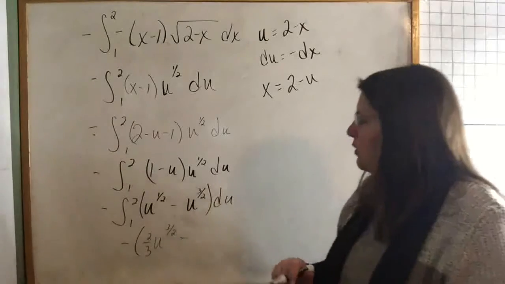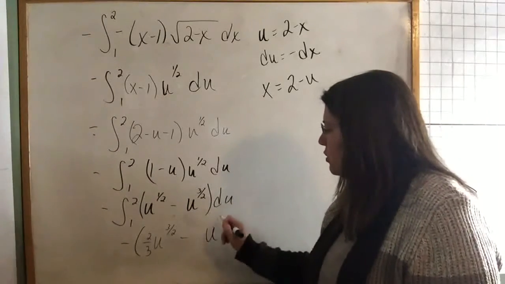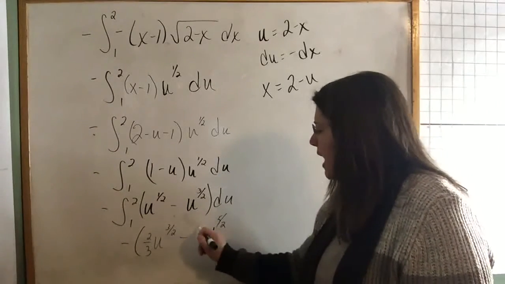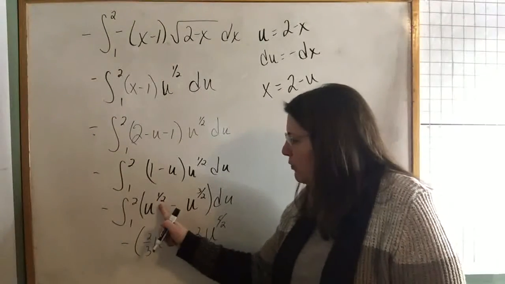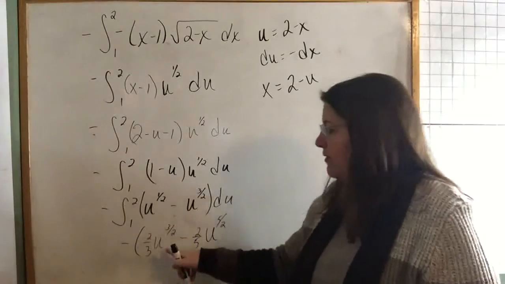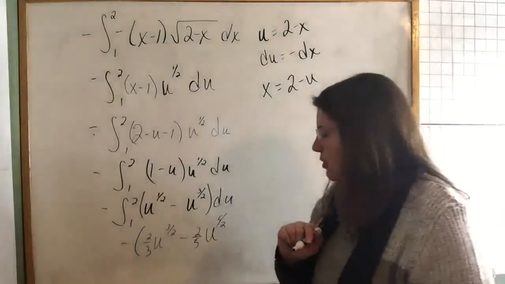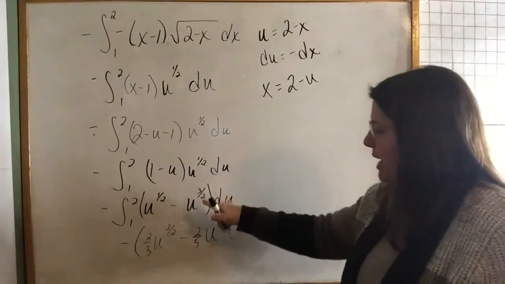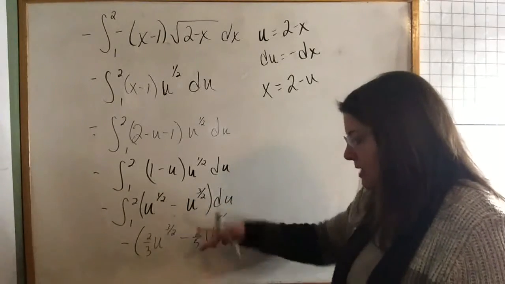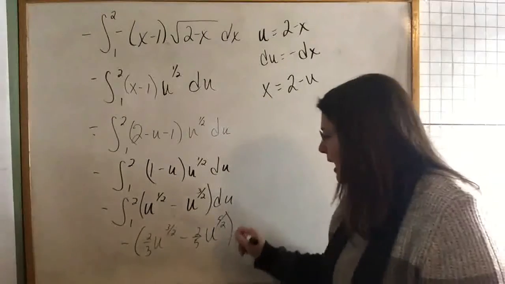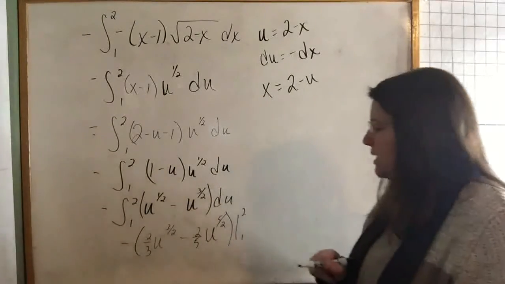Minus the integration of u to the 3/2, which would be u to the 5/2 times 2/5. Because remember, 1/2 plus 1 is 3/2, divided by 3/2 means we invert and multiply by 2/3. u to the 3/2, 3/2 plus 1 is 5/2, divided by 5/2 would be times 2/5. And that's going from 1 to 2.